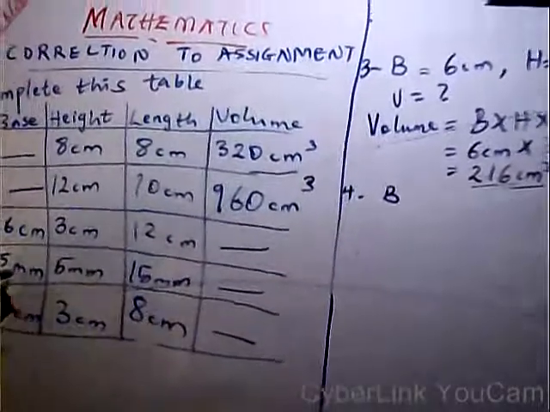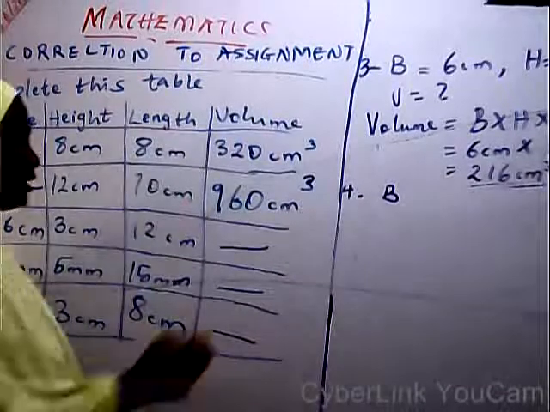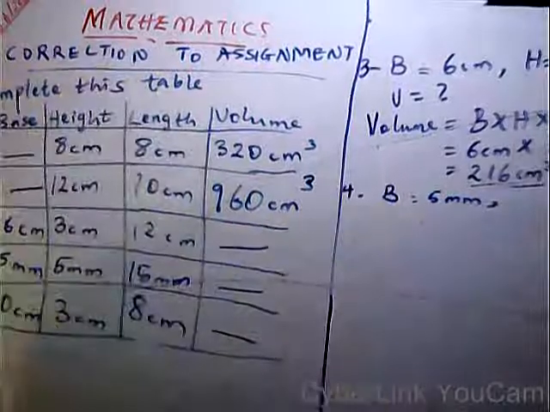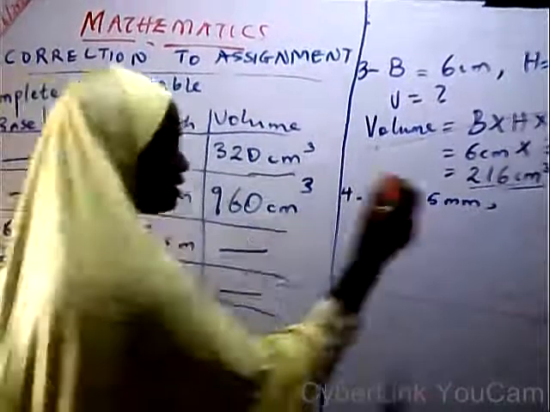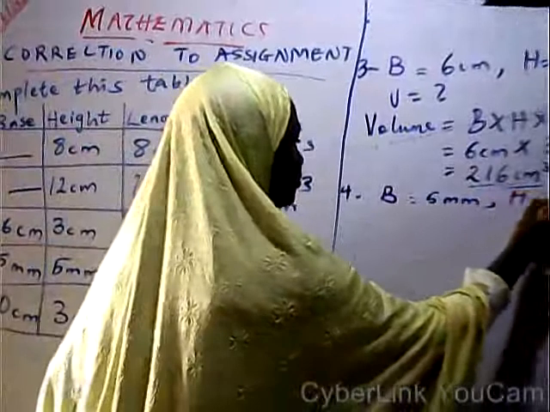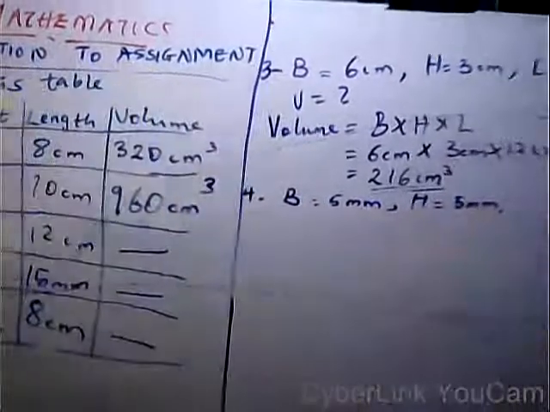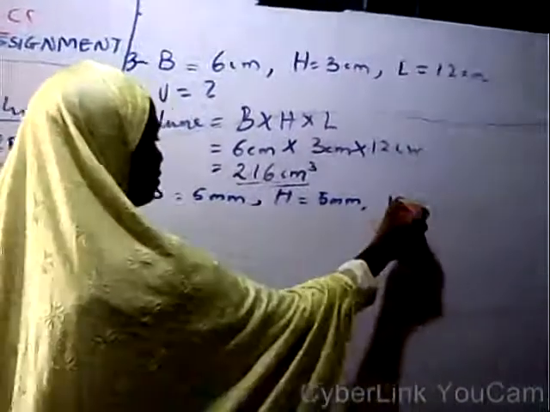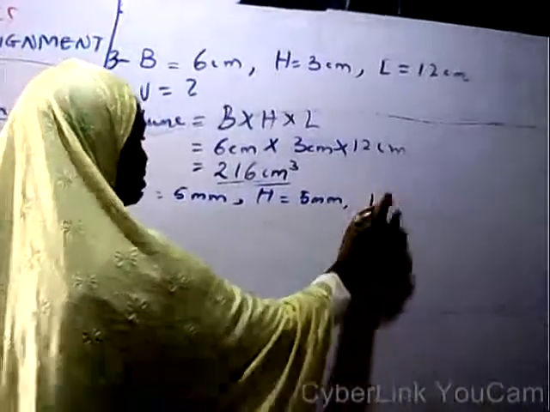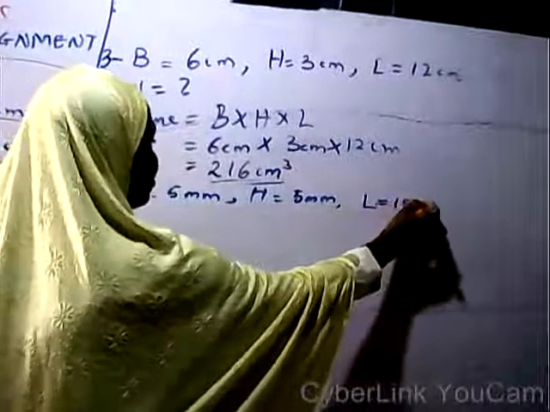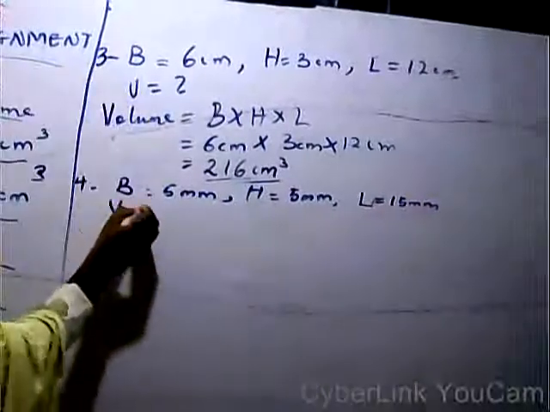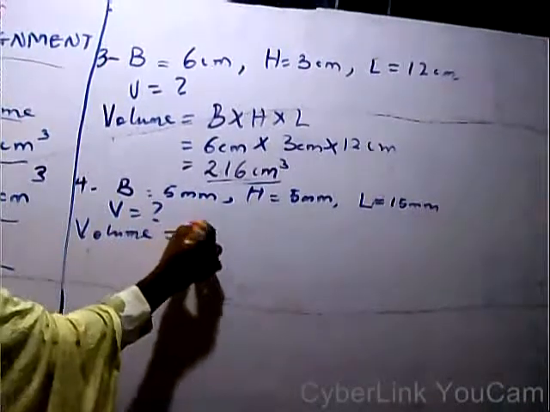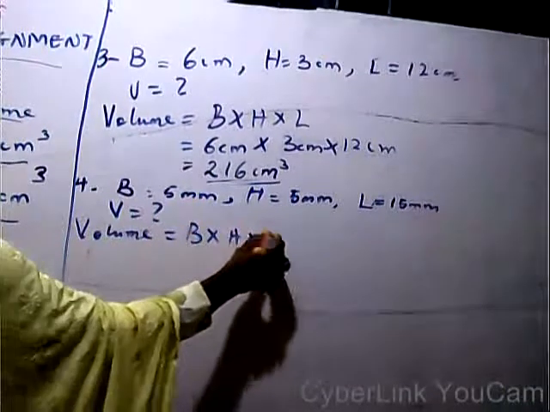Now we are given the base to be 5 millimeter, and the height to be also 5 millimeter. We are also given the length to be 15 millimeter. So we are asked to find the volume. And our volume, as usual, is base times height times length.